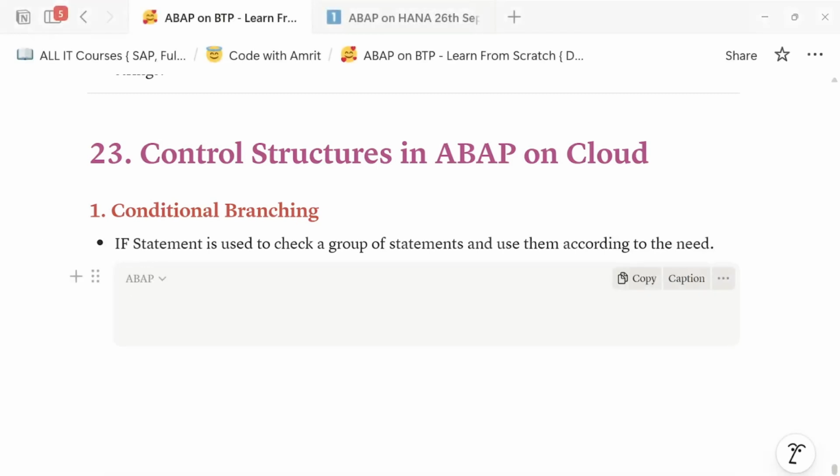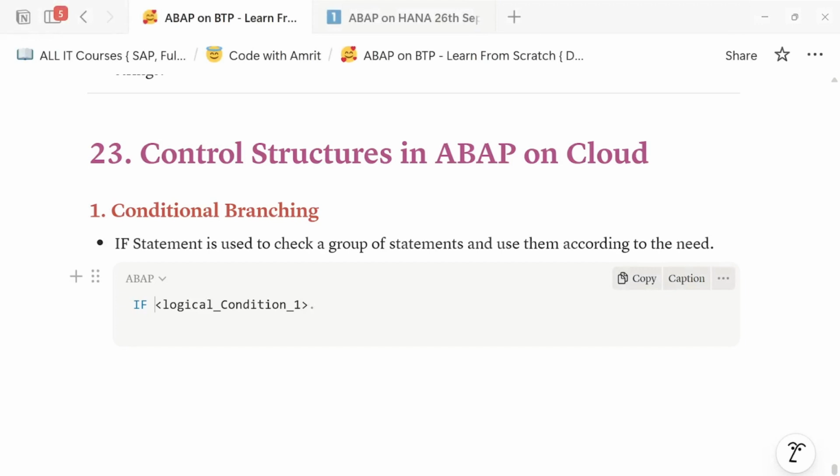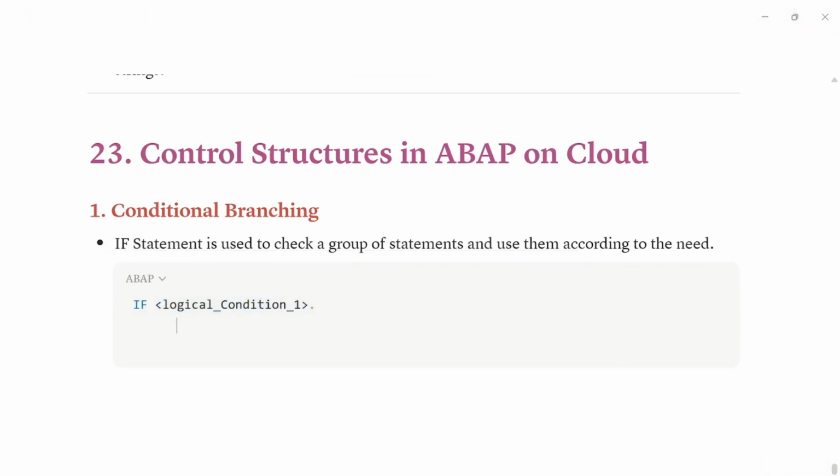If I just go and write it here, that's how it is written. IF logical condition 1, this is the condition, and based on it we can write our logic here. So write the code.